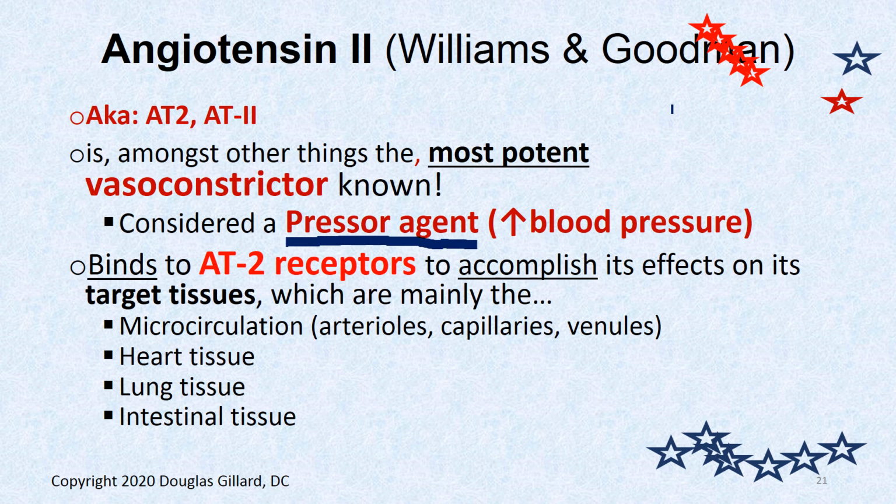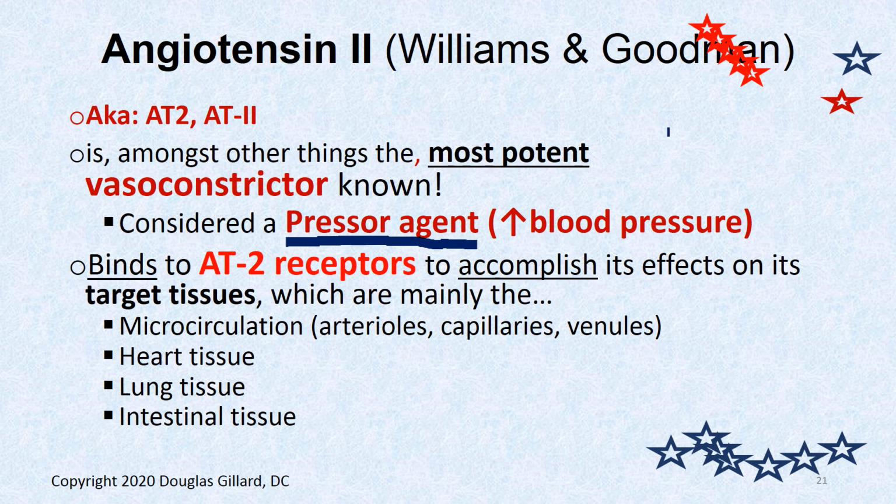The way I remember that is vasopressin, or arginine vasopressin. Remember, that's an AKA for ADH, antidiuretic hormone. Pressor agent, so just like ADH does, it causes the reabsorption of free water, which would raise blood pressure. So a pressor agent raises blood pressure.